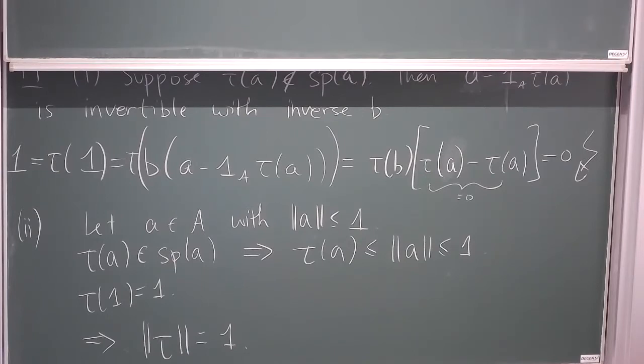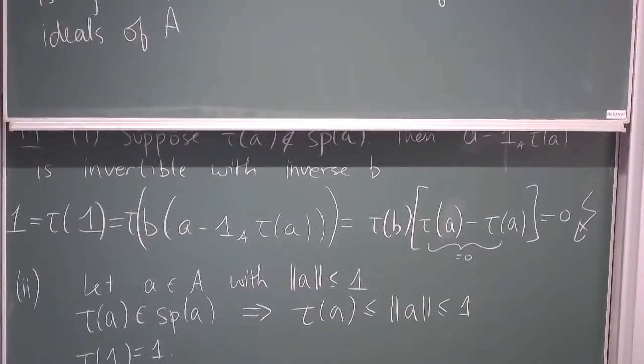So we still have to prove 3, which is that the spectrum is non-empty. And when A is not the complex numbers, we have this bijection between the character space and the maximal ideals.